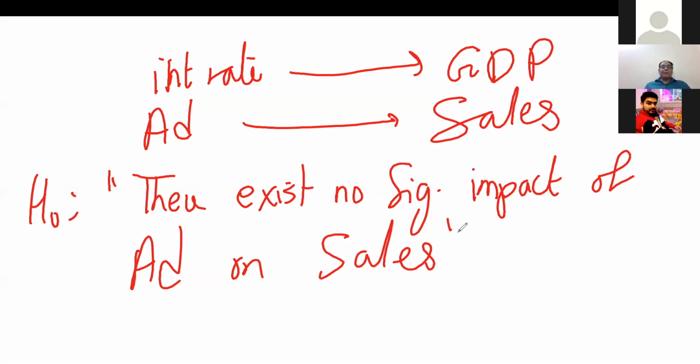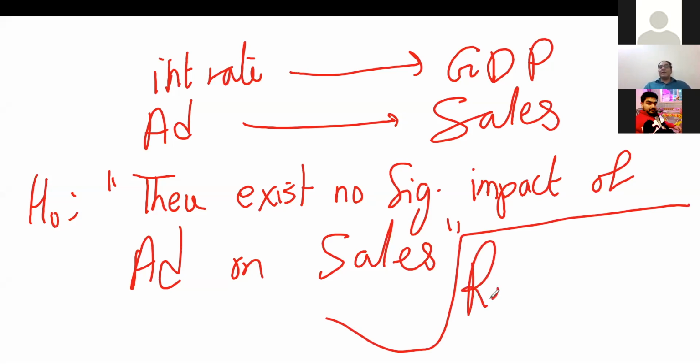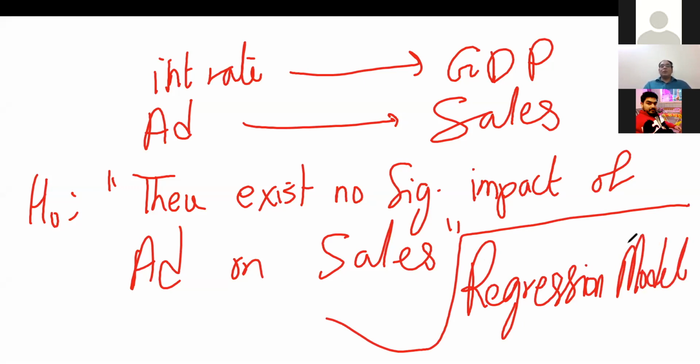If you want to write the alternate hypothesis, you can say that advertisement has a significant impact on sales, in very simple language. But when you write the null hypothesis, it is better to write in this language. And to check this hypothesis, we apply the regression model.